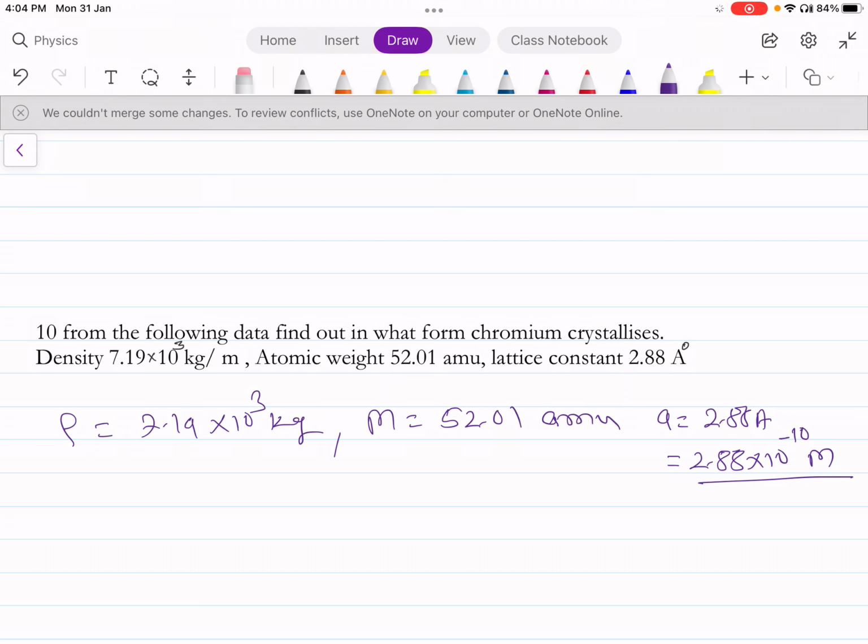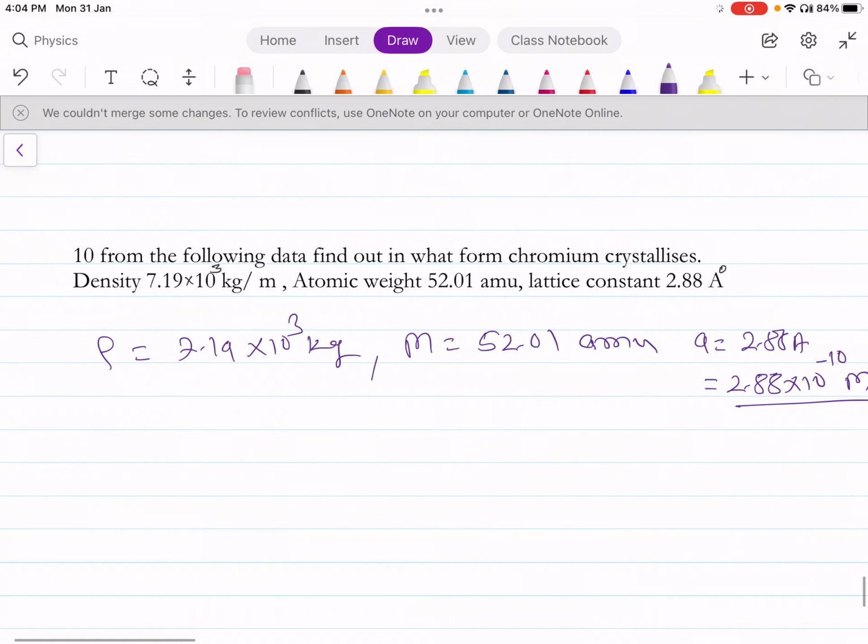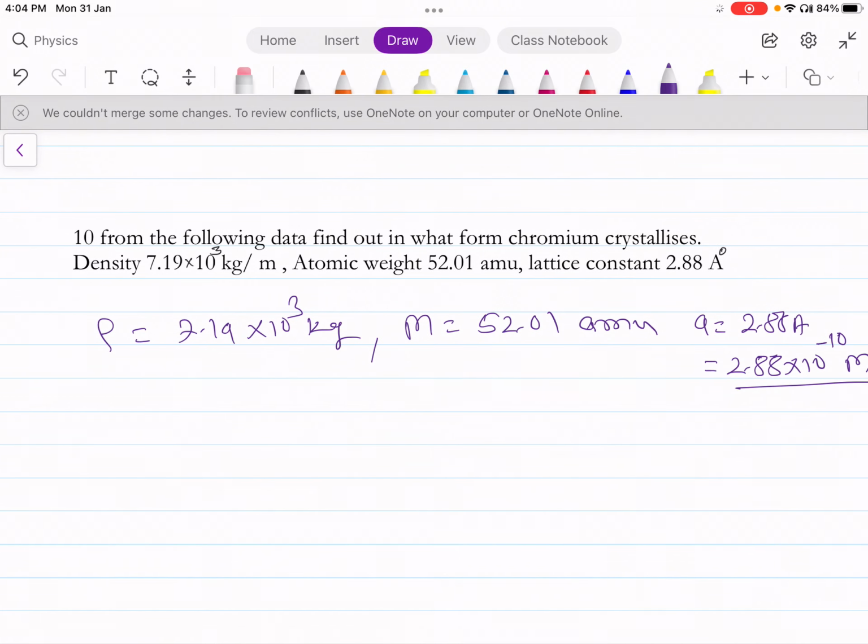So these quantities are given, and we have to find what kind of structure it is, whether it is simple cubic, BCC, FCC, or whatever. It means that we have to find the value of n, the effective number of atoms per unit cell. We need Avogadro's number, Na, which is 6.023 into 10 raised to 26 per kg mole.